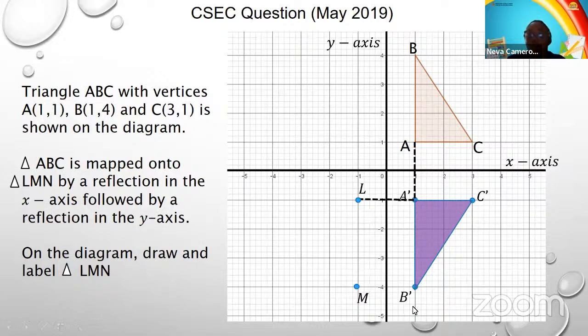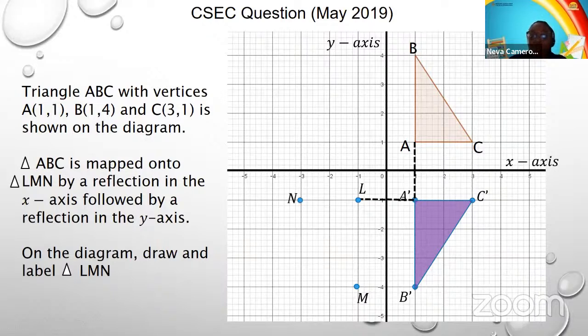And so we now would have reflected A from A to A prime, and it's now in its final position here at -1, -1. We would have reflected B in the x-axis, that would give us B prime, and then we're reflecting it again in the y-axis, and now that will give us M, our final place of having reflected it a second time.